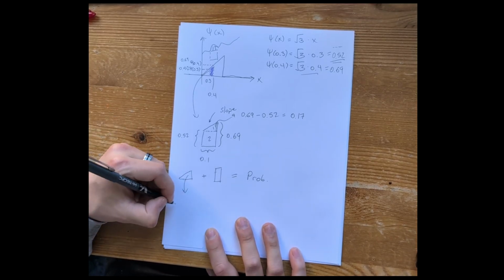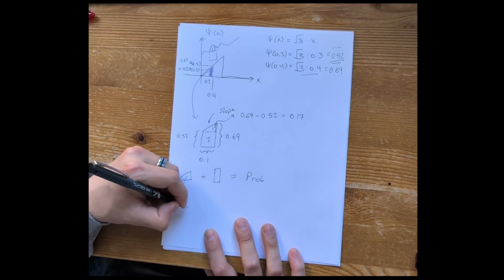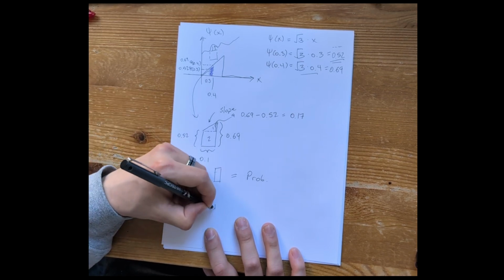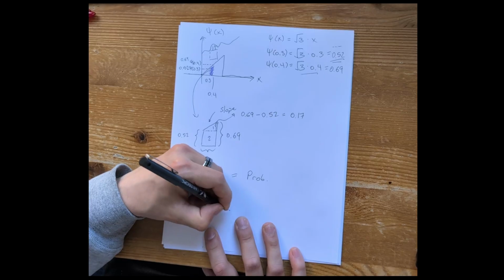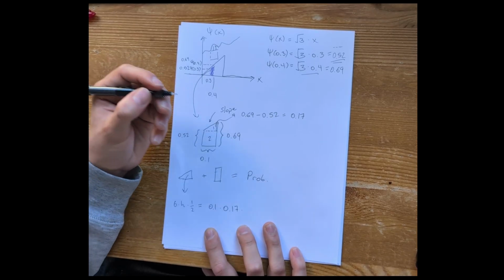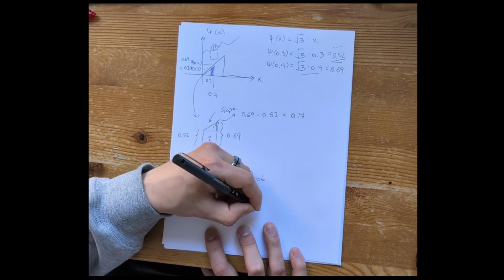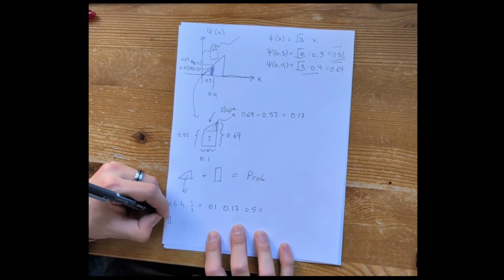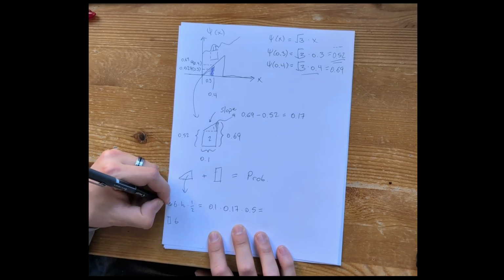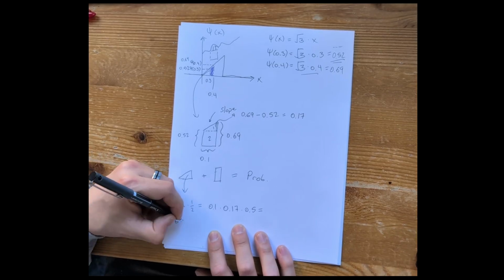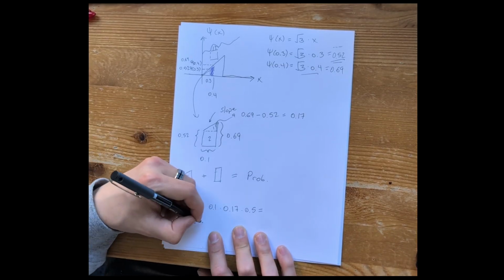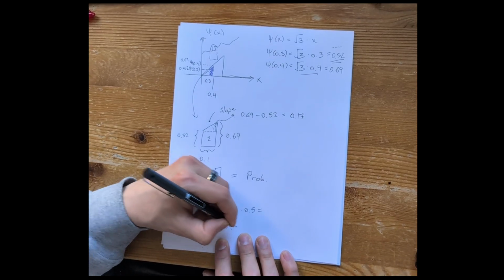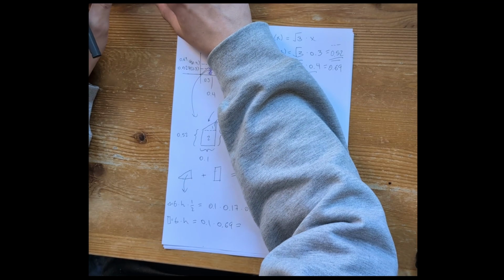So we got the area of this shape. Area of a triangle is base times height times 1/2. This equals the base, which is 0.1, times the height, which is 0.17, times 1/2, which is 0.5. This is the triangle. Let's also do the rectangle at the same time. It equals base times height, which is 0.1 times the height, which is 0.69.